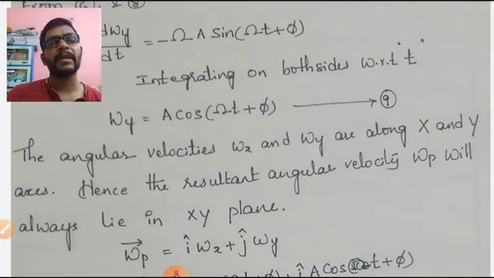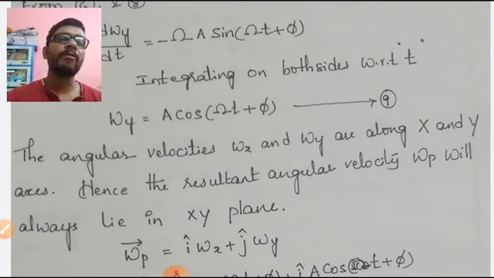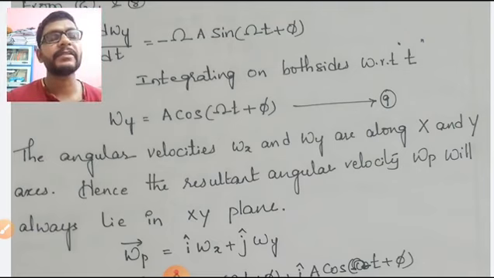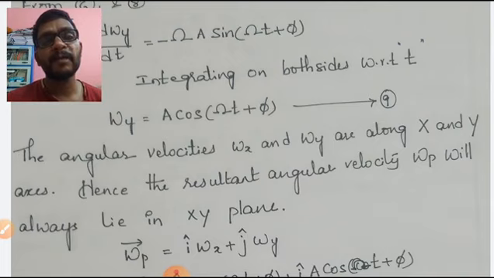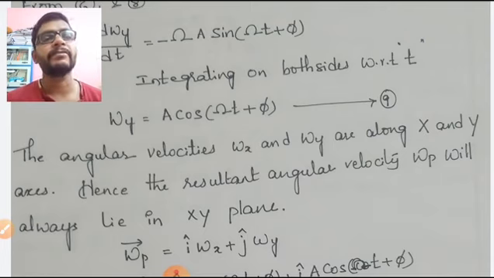Hence the resultant angular velocity omega p will always lie in the xy plane, right? Always lie in the xy plane.